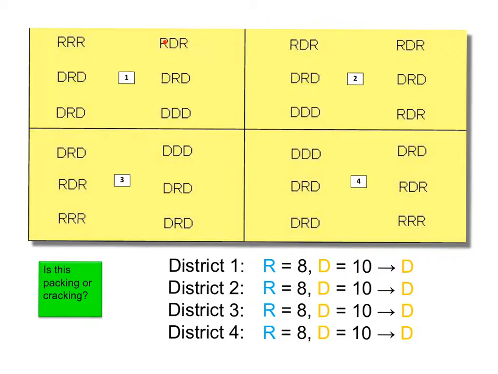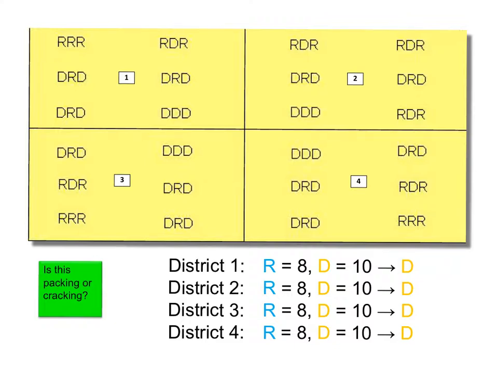We also see Republicans and Democrats, and then Democrats down here. How can we redraw District 1 to favor one side or the other? How can we favor District 2 or 4 or 3?